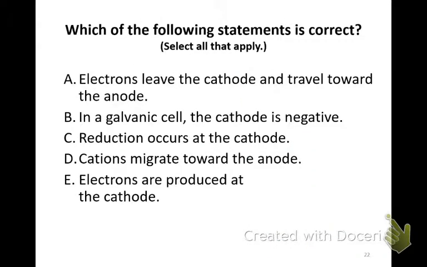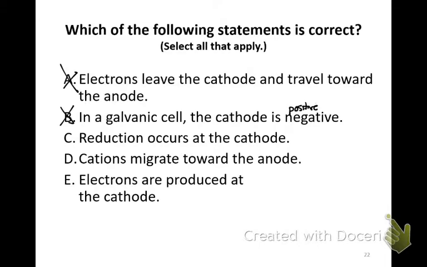Okay, so check yourself. Which of these statements is correct? Electrons leave the cathode and travel toward the anode. Nope, we said it's actually the opposite. So this one, not correct. In a galvanic cell, the cathode is negative. Nope, we said the cathode is positive, remember? Reduction occurs at the cathode.